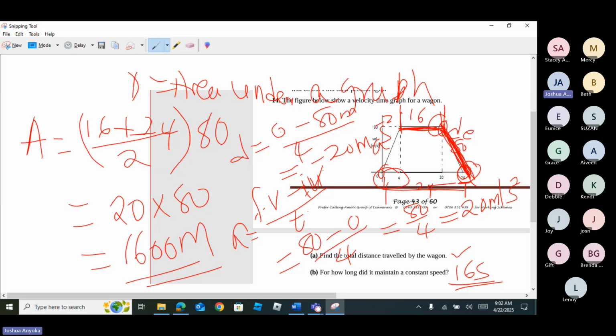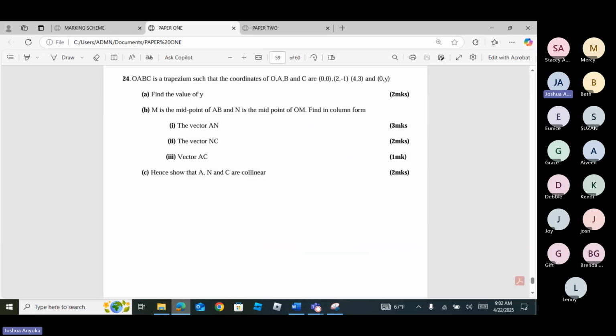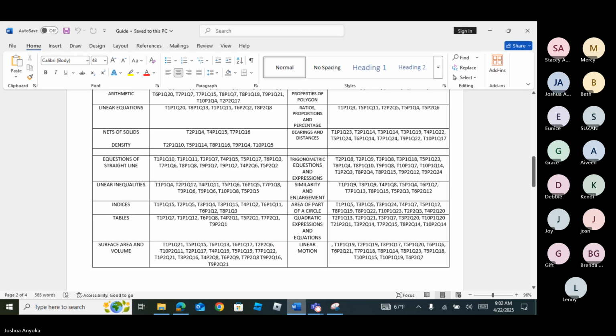Wonderful. Let's see whether we can get another question of the same type, which is a bit comprehensive. We have trial paper 10, question 20. Trial 10, paper 1, question 19.